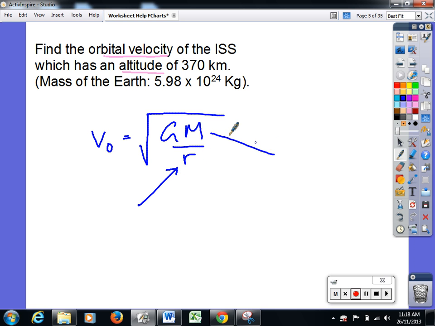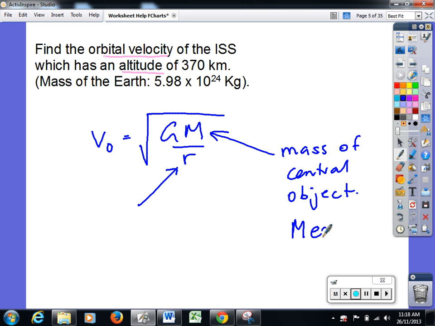The m and the r, the m is always the mass of the central object. Now the central object of orbit is not the object which is orbiting. In this case, we're orbiting the Earth, so m is the mass of the Earth.